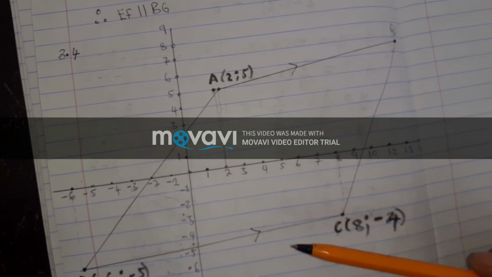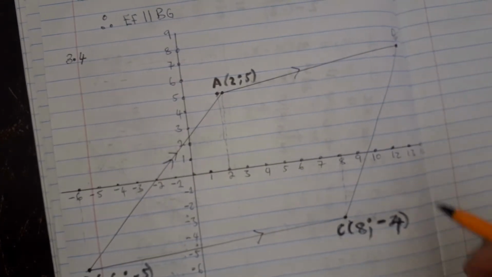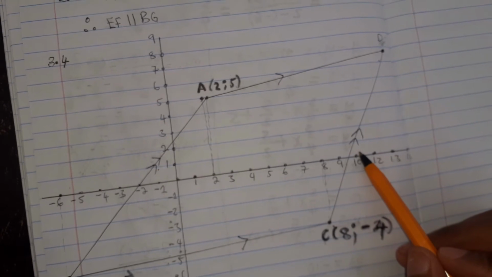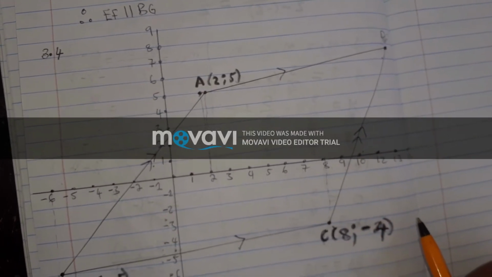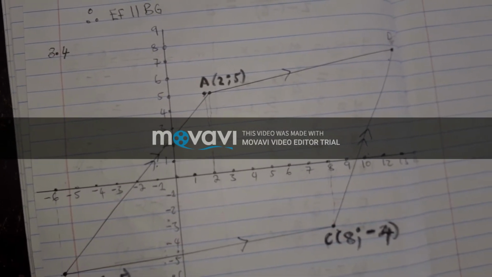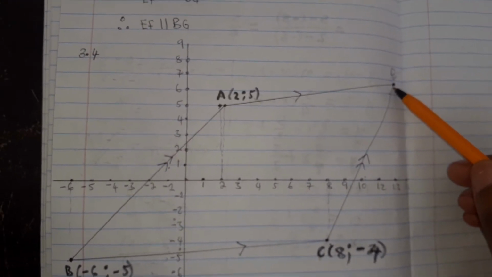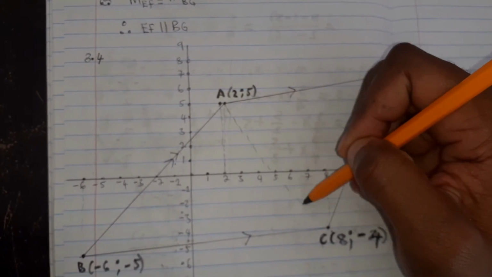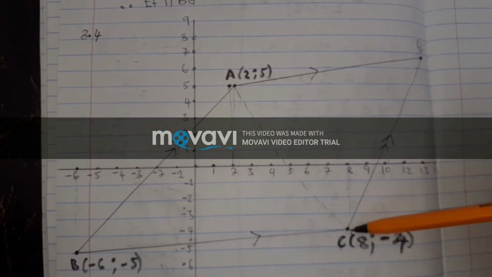Then the other pair of sides are also parallel to each other and equal, right? The easy way to find the coordinates of D is to remember the diagonals: this diagonal connects A and C, right?